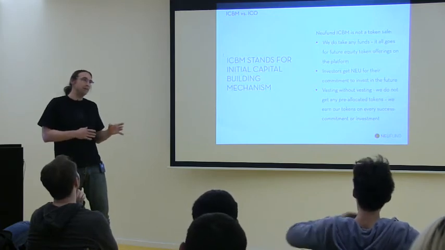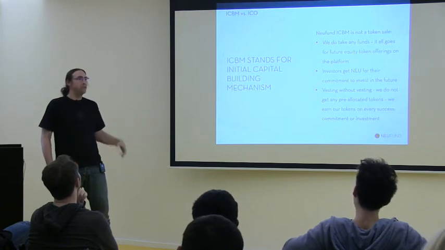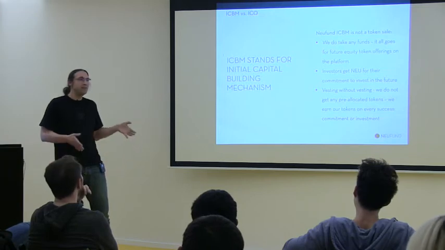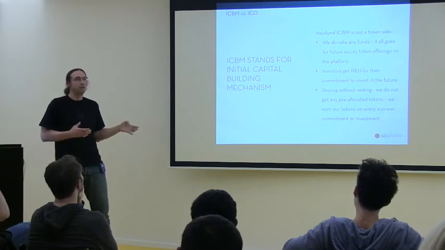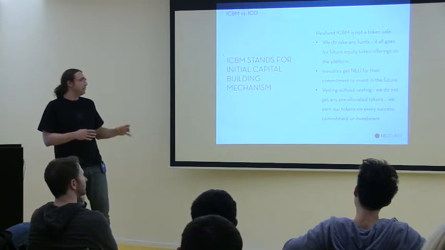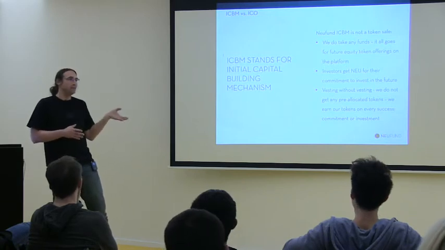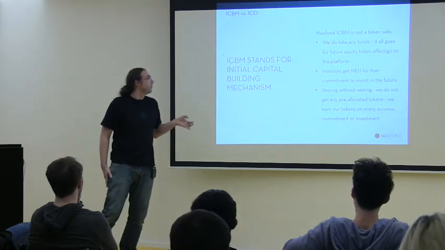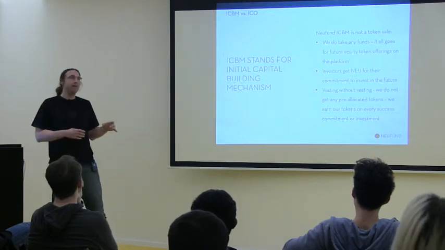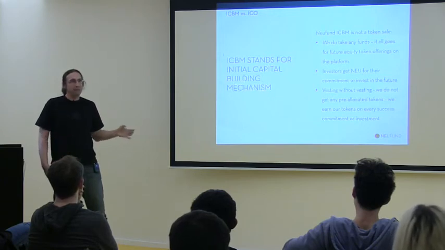This creates a kind of decentralized capital pool of people already committed to invest in the coming deals on the platform. It solves a kind of chicken and egg problem, when you don't have any capital and any deals. So this builds the capital side of the platform. Investors get the Neumarks, or Neu, already in this process. There is also an interesting mechanism: we, as a platform operator, do not get any money from this.